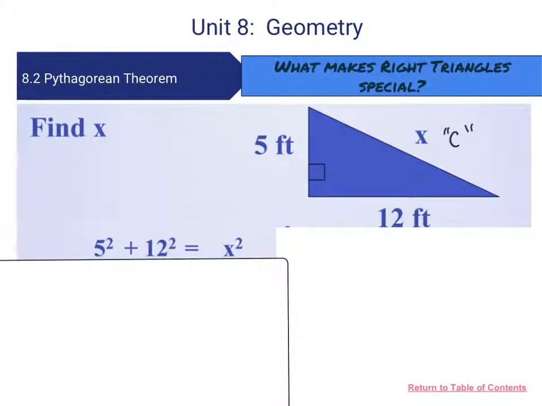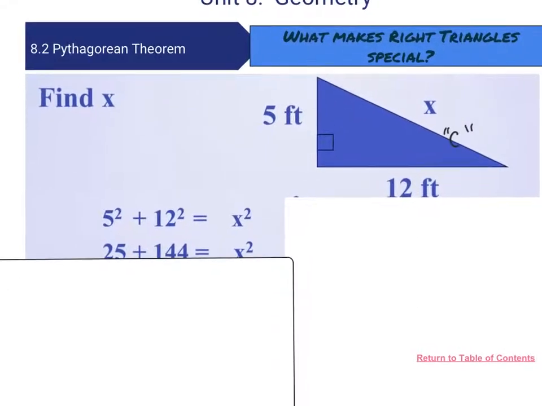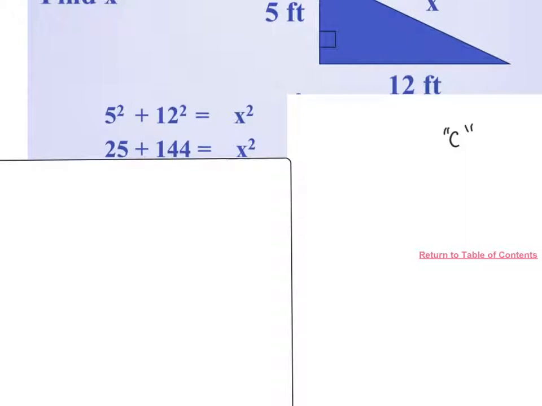A is 5, B is 12. So 5 squared plus 12 squared equals X squared. 5 squared is 25. 12 squared is 144. I know that 25 plus 144 is equal to X squared. Well, 25 plus 144 is 169. That is what X squared is.